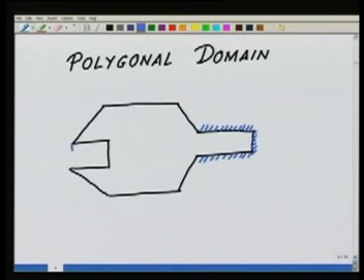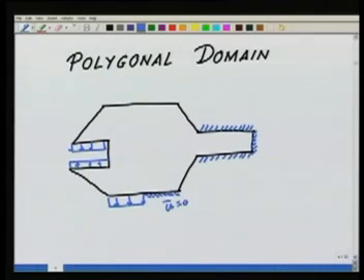Here I am giving a flux condition, some flux condition, and here I am also giving a flux condition. Let's say I may also have a flux condition here in this part, while here I am fixing the solution.